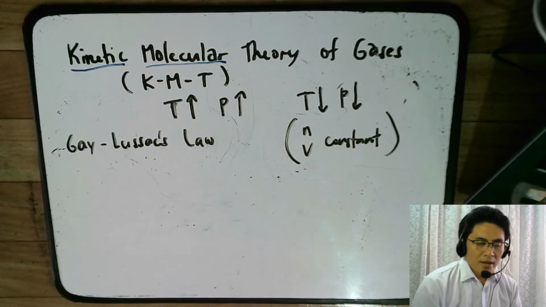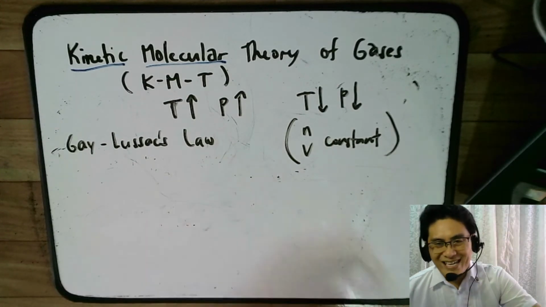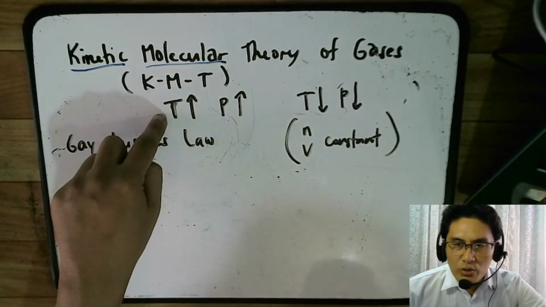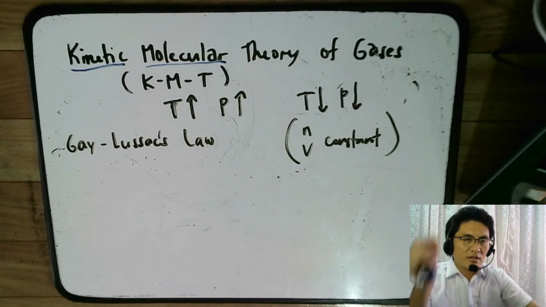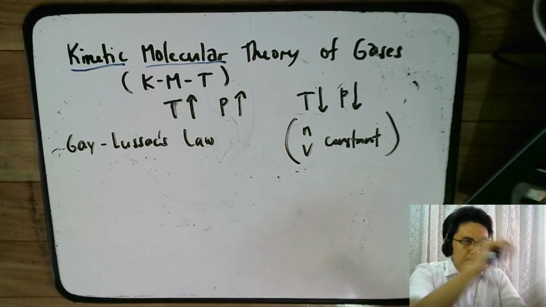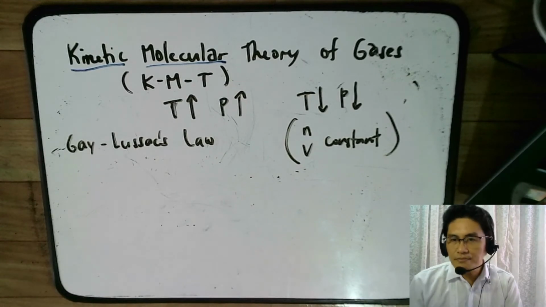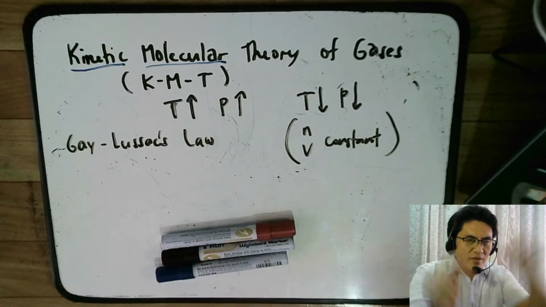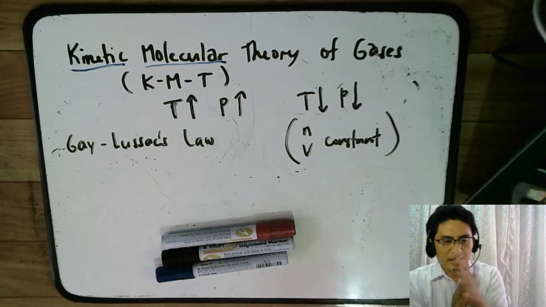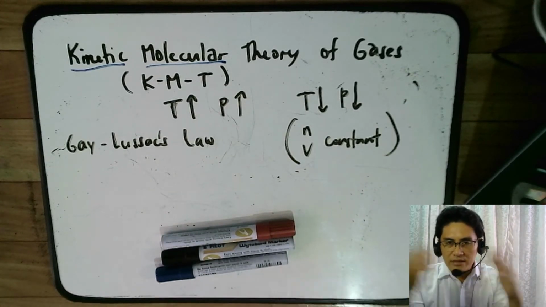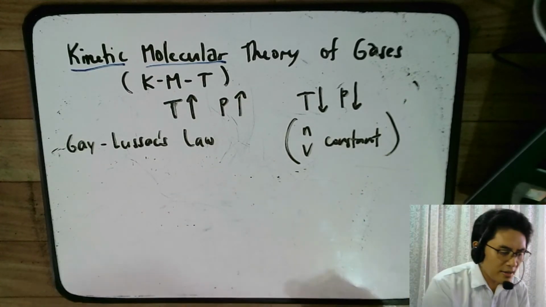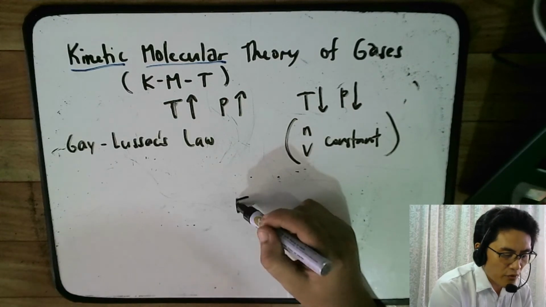So if we increase the temperature, you are making the particles inside the container move faster. If they are moving faster, they are hitting the wall more violently, so there is more force.